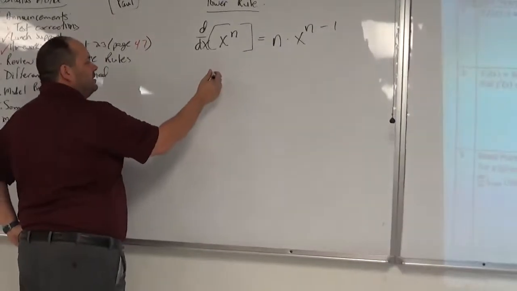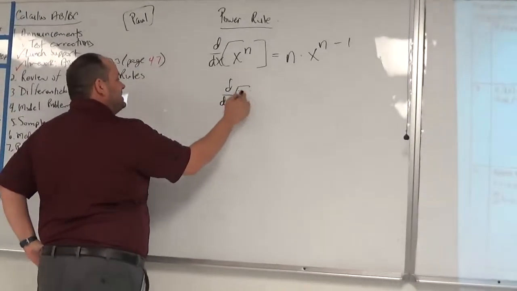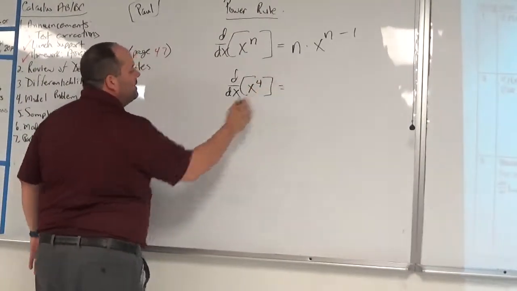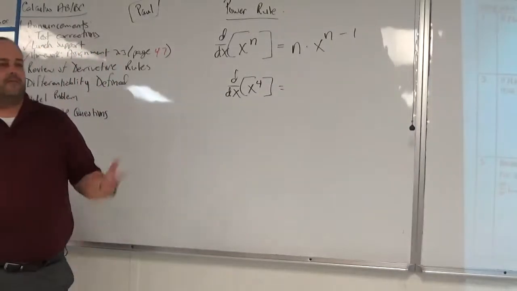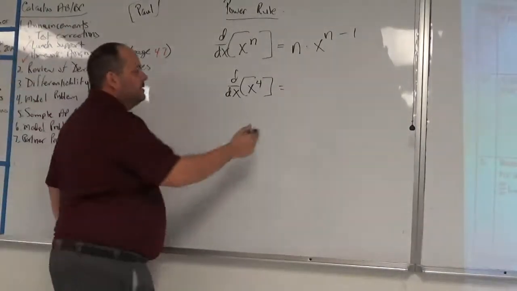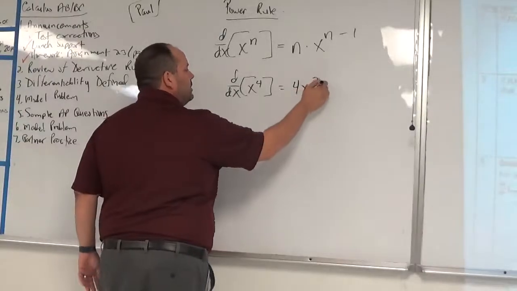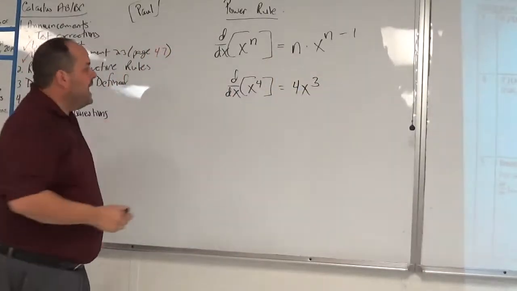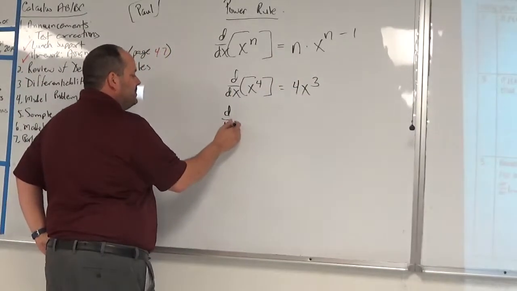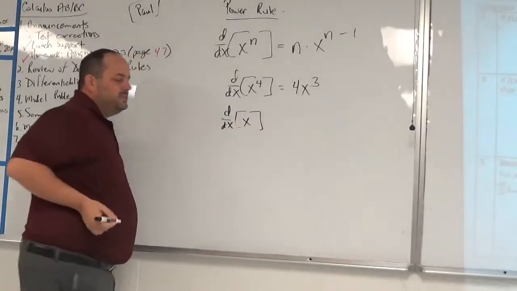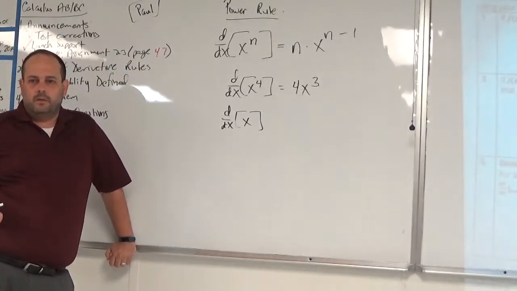All right, so easy then is something like this. Derivative of x to the 4th, everyone's going to call it out right now. 4x to the power 3, love it. Now, where things start to get a little bit wonky for some of you is when I say find the derivative of x.